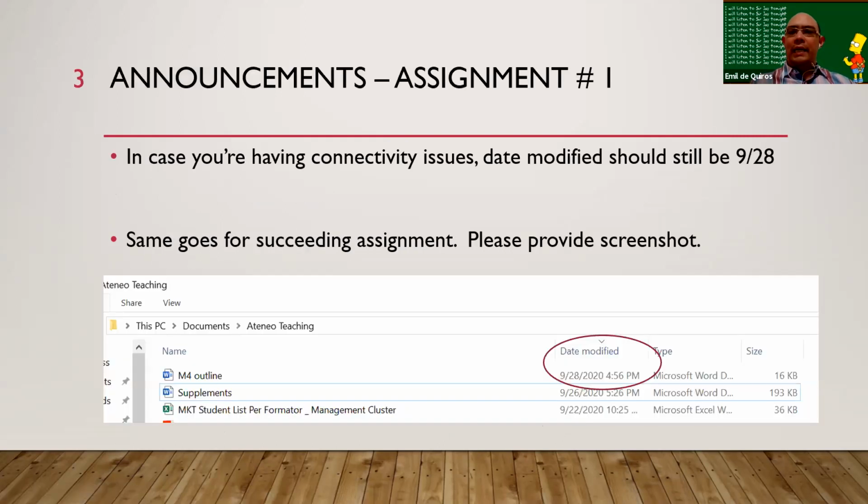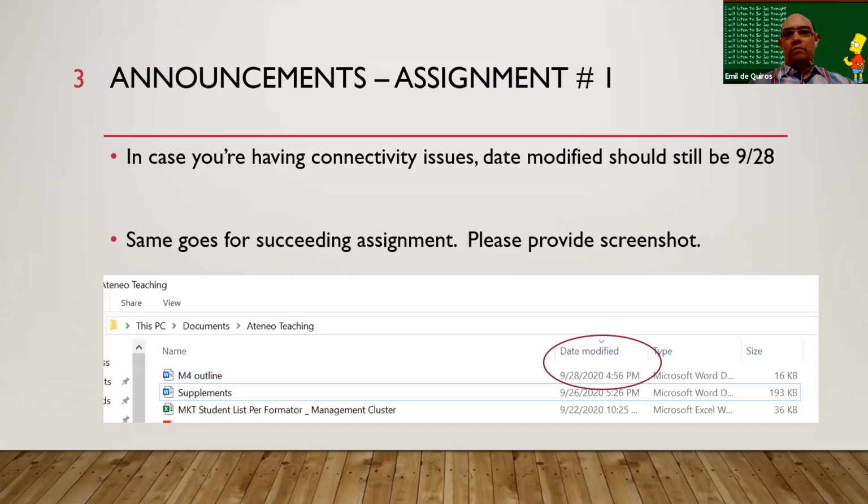So assignment number 1, this is more for those who will turn in a late assignment 1. I don't think that's applicable to this section. But in future assignments, just in case you turn something late, I might need some proof that you finished the assignment, but you're just having internet connectivity issues.